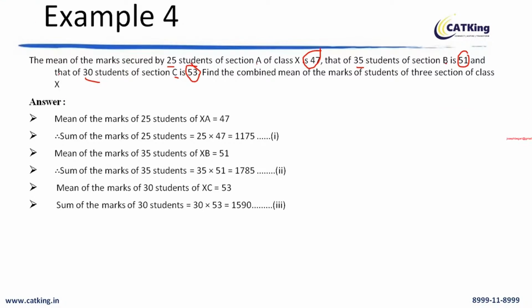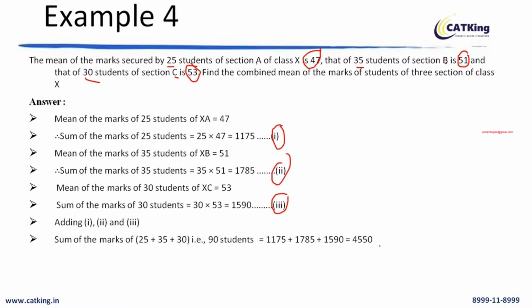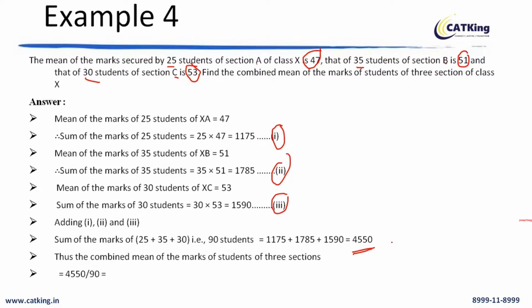Now when you add all of these, 1, 2 and 3, what do you get? You will get the total sum of marks, which is 4550. Thus the combined mean of all these students is 4550 upon 90. How does this 90 come about? Please guess.